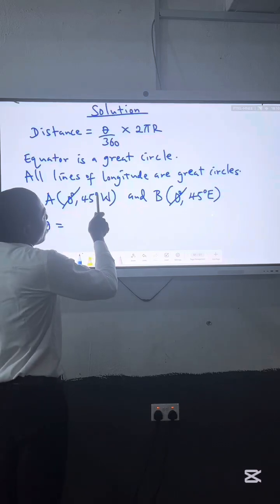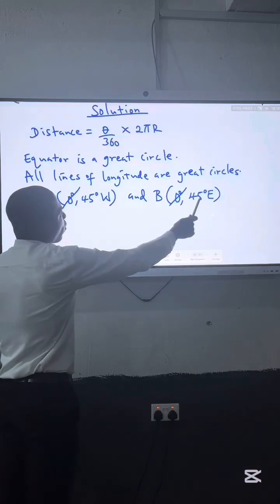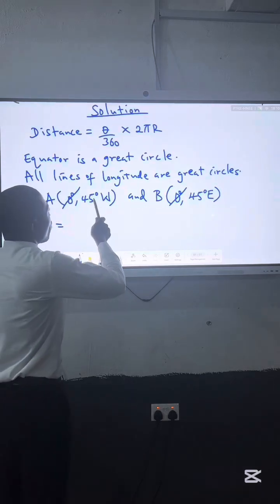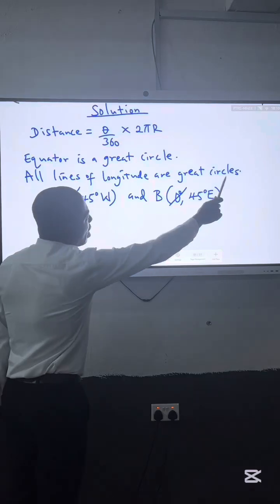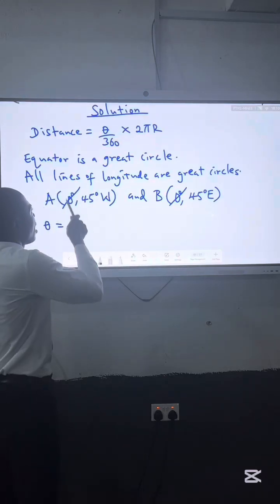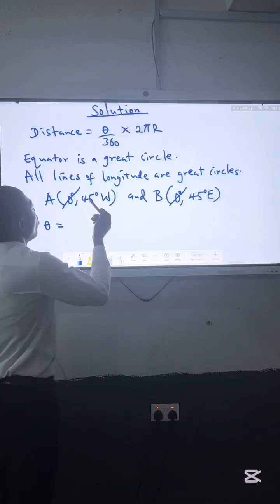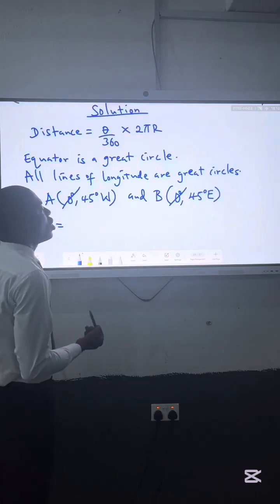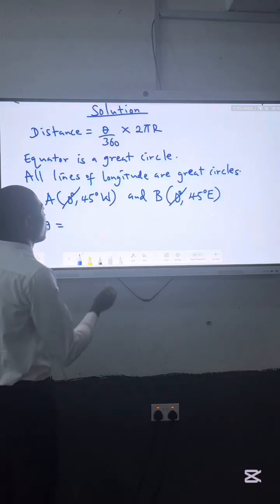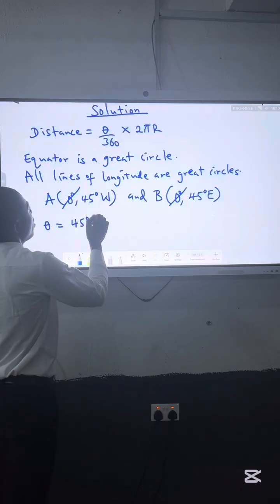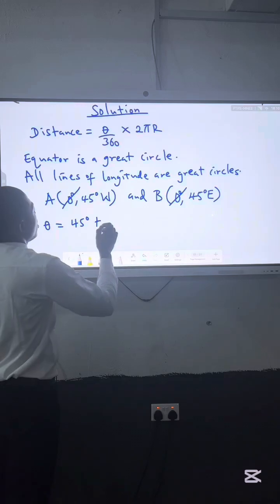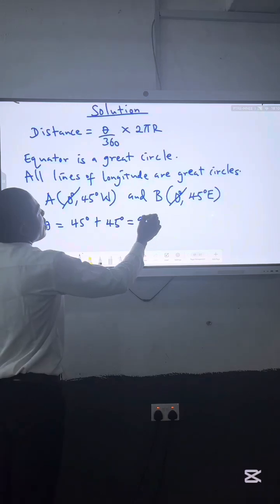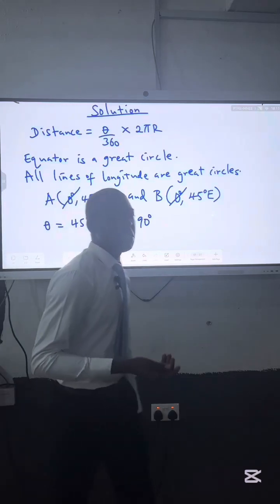Even though we have 45 degrees and 45 degrees, the directions are different, west and east, so you will not cancel them. Because one point is toward the west and the other toward the east, we add to get the angular difference: 45 plus 45, which gives us 90 degrees as the value of theta.